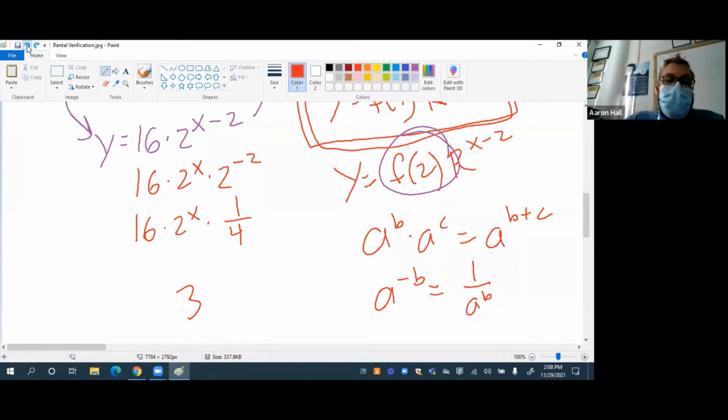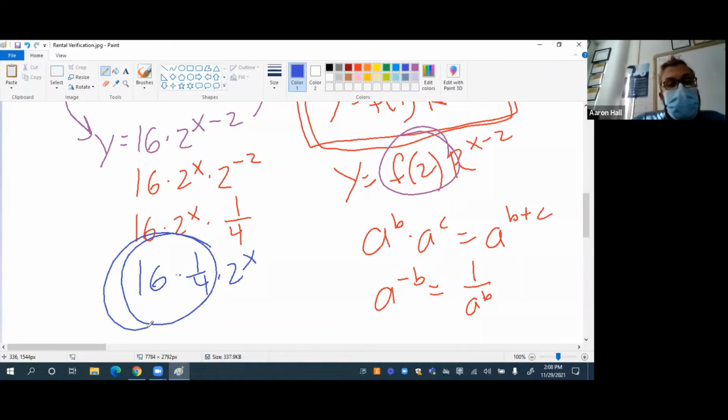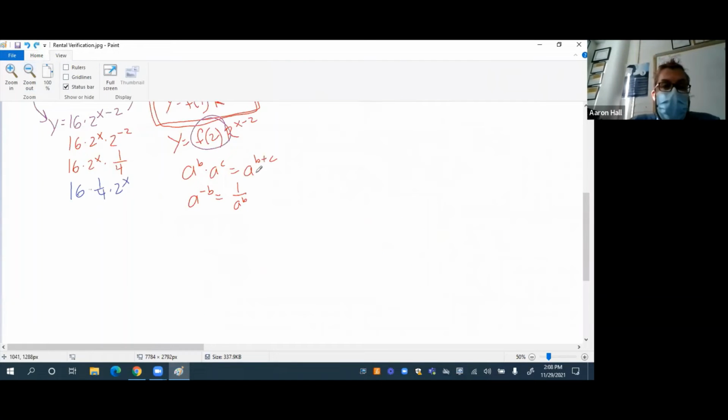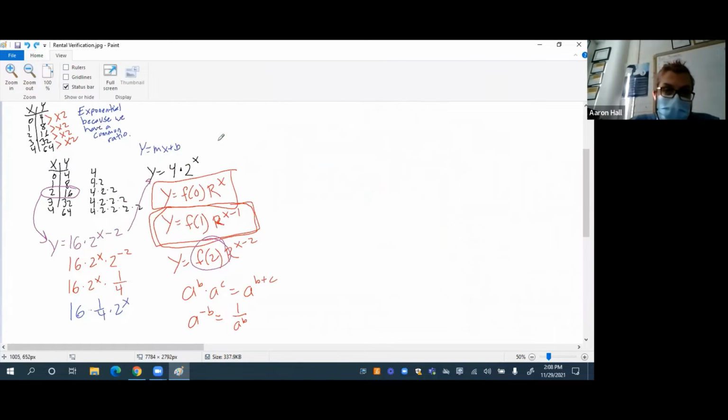So I'm going to rewrite this as 16 times 1/4 times 2 to the power of x. Well, what's this? That's 4. So are these the same? Are those the same?